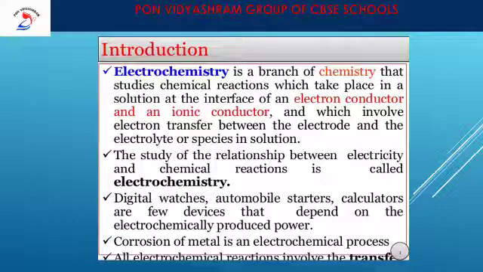Electrochemistry deals with a situation where redox reactions are separated in space or time, connected by an external electric circuit. Now, from the above definition, we can understand a few reactions can carry over without spending any external energy.